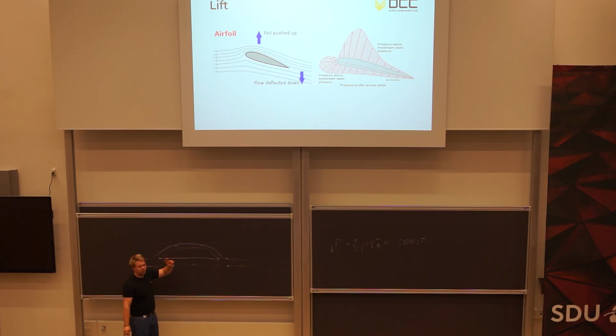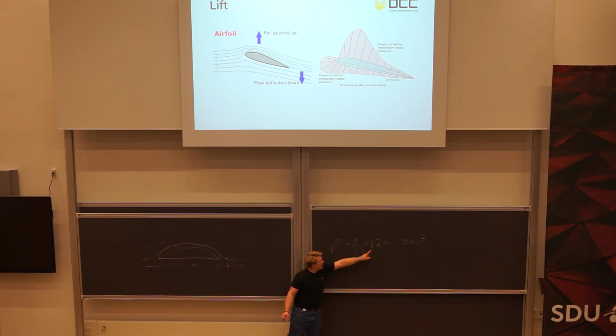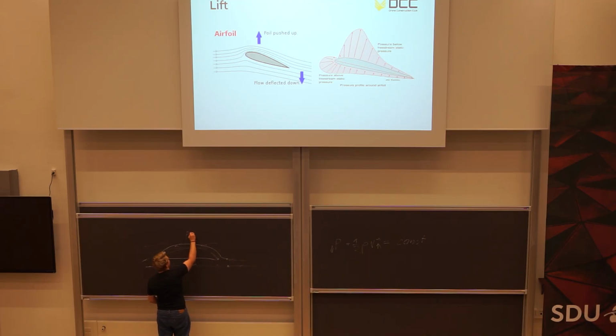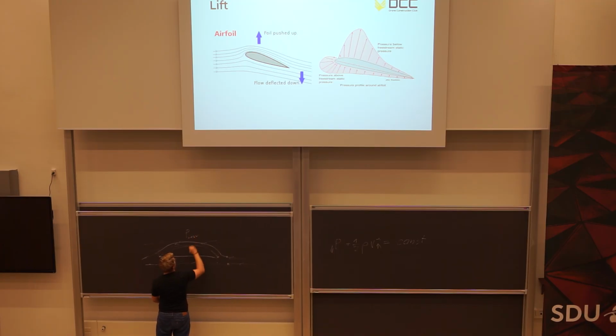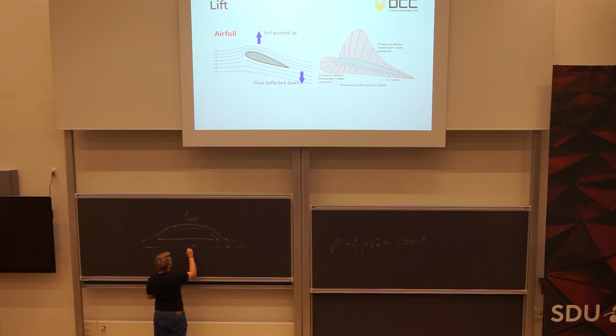Now this tells you two things. First of all, because these distances are different, the velocity of the particles were different. And because of that, if you know that you had higher velocity on the top, you get lower pressure, which is P low, and then P high.